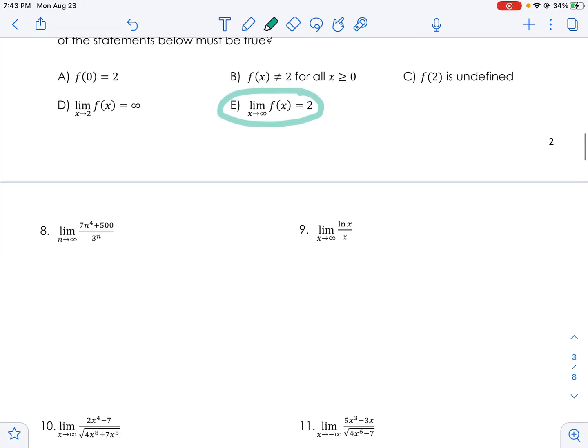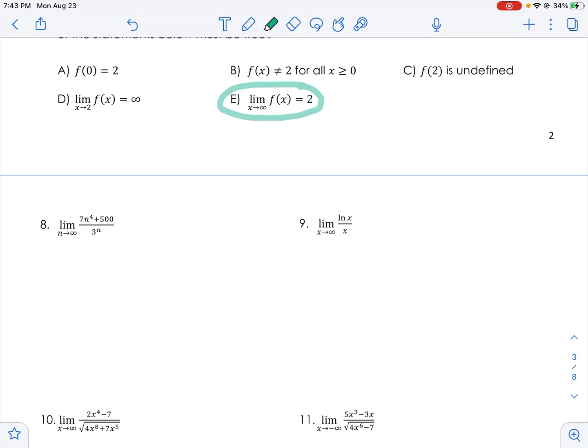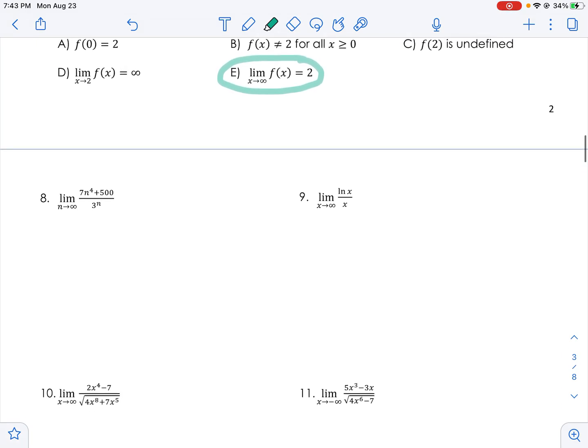Okay, so moving on to the next one, question number 8. So we're just going to practice taking the limit some more. The limit as n approaches infinity of 7n to the 4th plus 500 divided by 3 to the nth power.